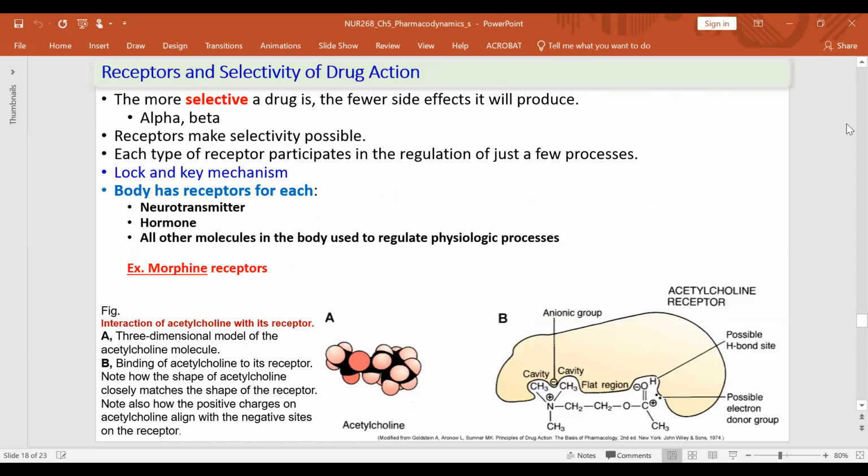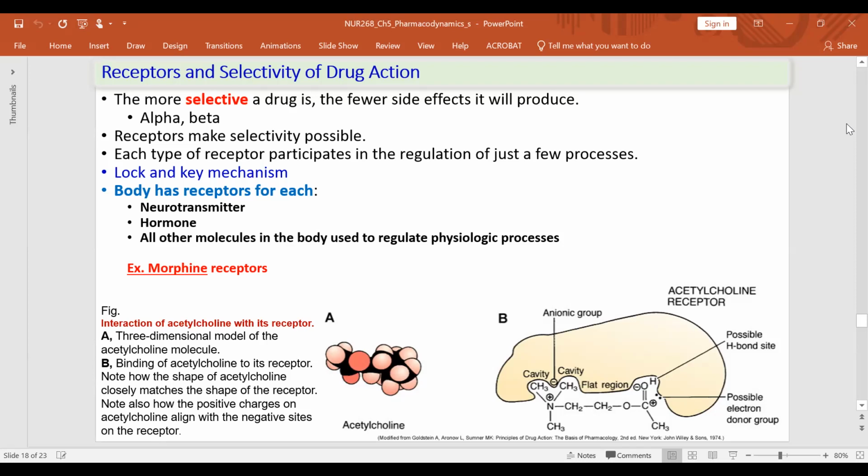So the more selective the drug is, the fewer side effects it will produce. And this concept has also been discussed during the first week class. So we have different receptors. We have like alpha 1, alpha 2, beta 1, and beta 2 receptors. So receptors make selectivity possible.